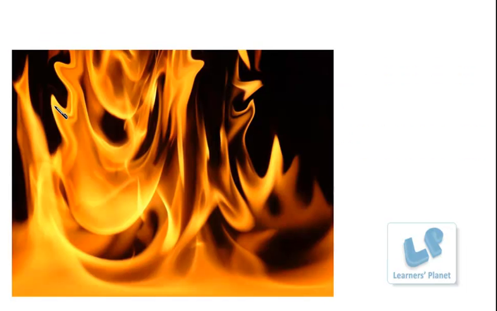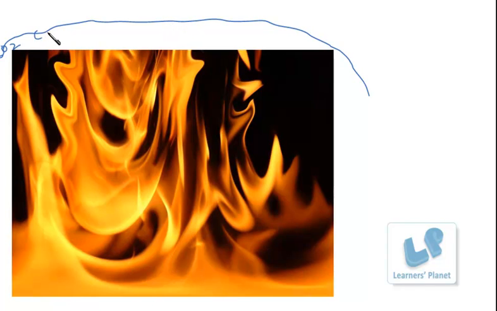If carbon dioxide is sprayed on this fire, or if the fire extinguisher is used, what happens? This carbon dioxide forms a film or a blanket over the fire. It is heavier than air, and also it is a non-supporter of combustion.